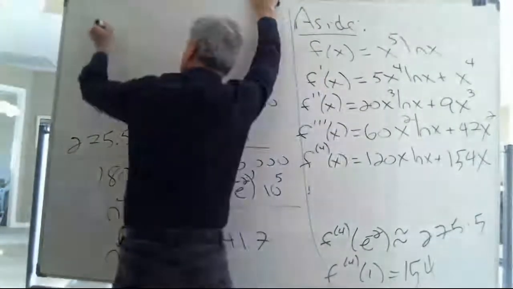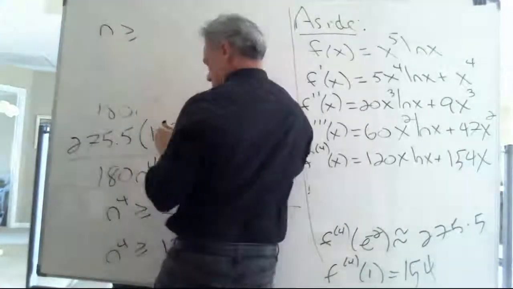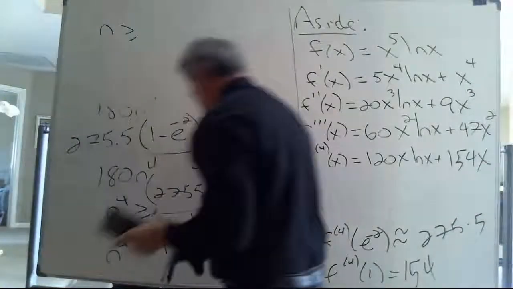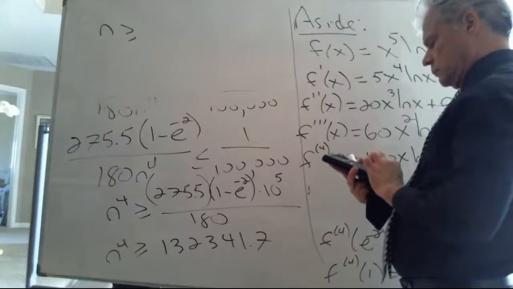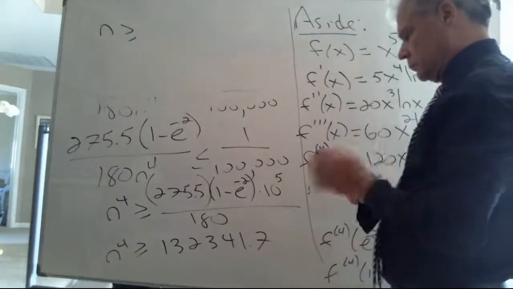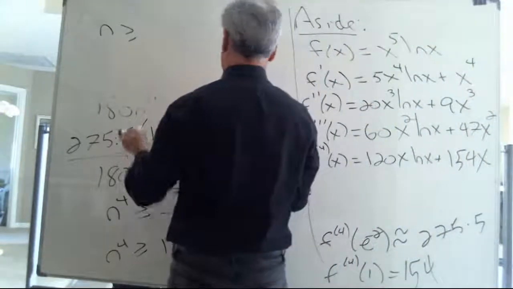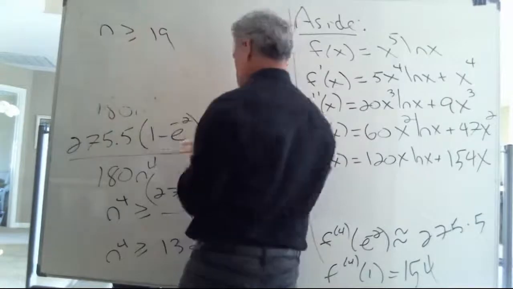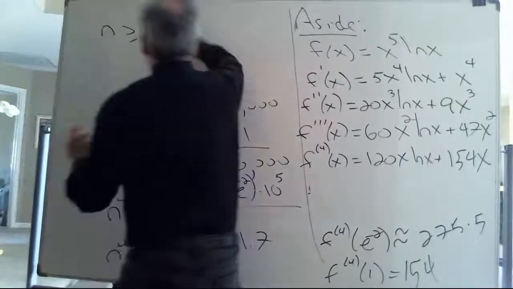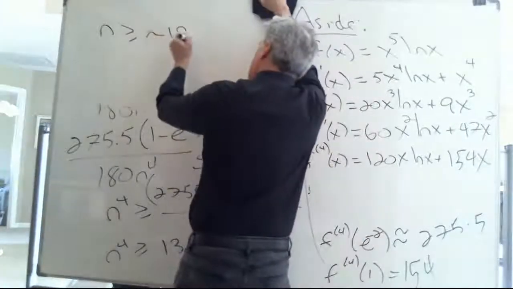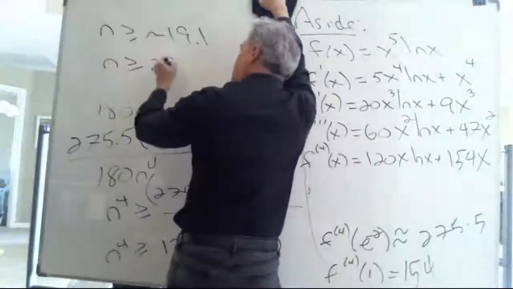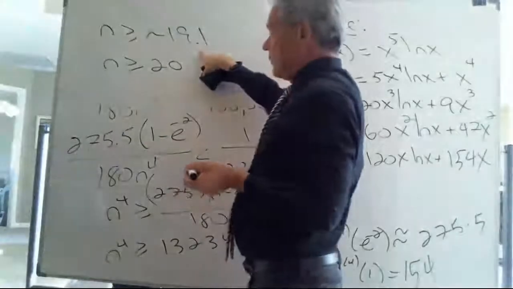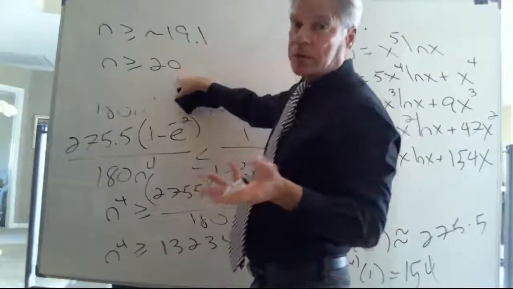But that tells me this. Taking the fourth root of that number. So that means n has to be chosen at least as big as 20. The next higher natural number is indeed even, so I'll keep it.